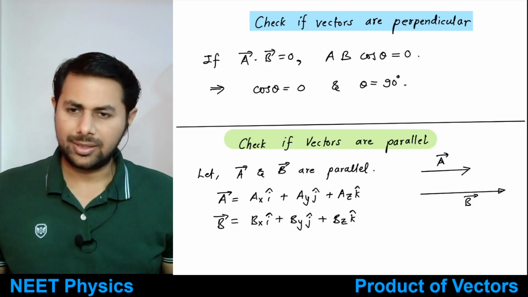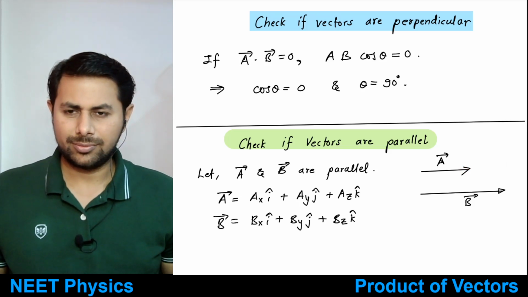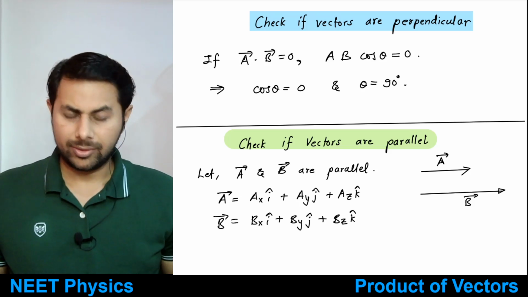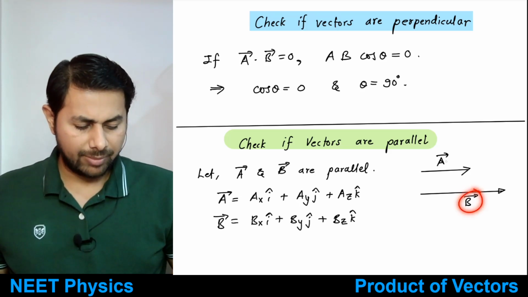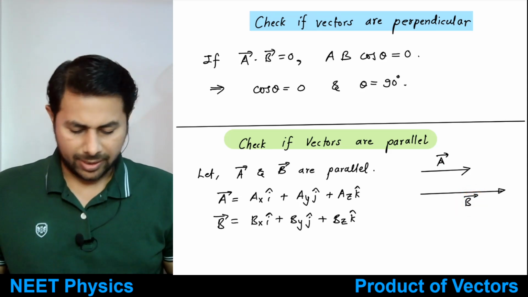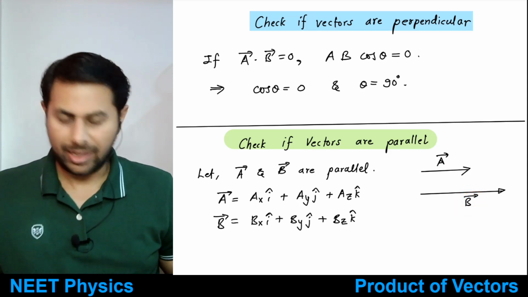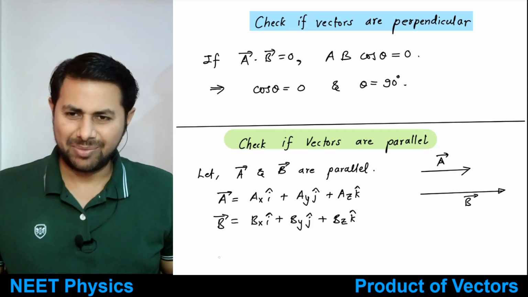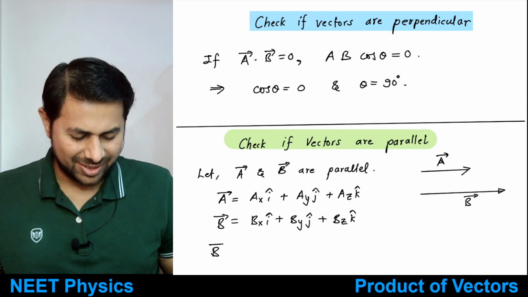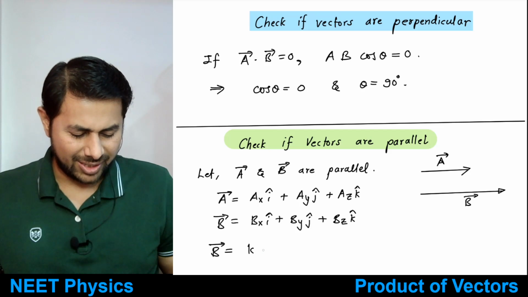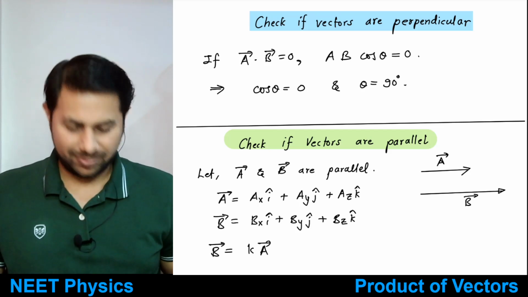This thing is clear? Yes, no? Okay, so that means b bar can be written as some constant k times a bar. So b bar can be written as some constant k multiplied by a bar.